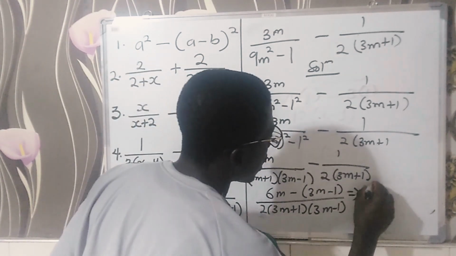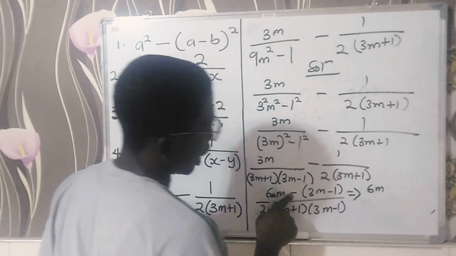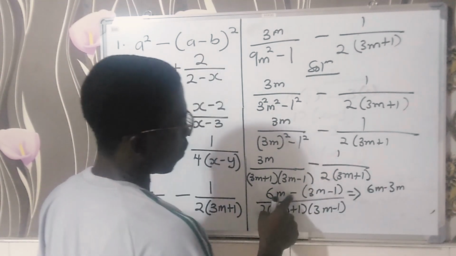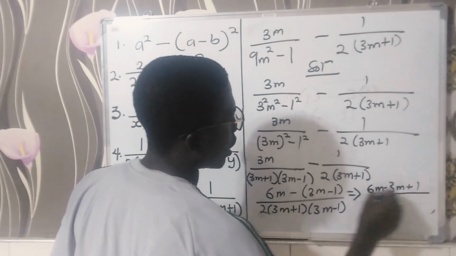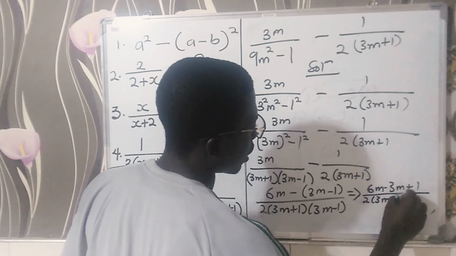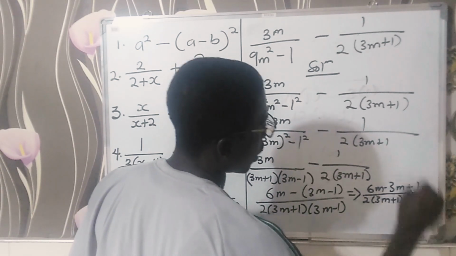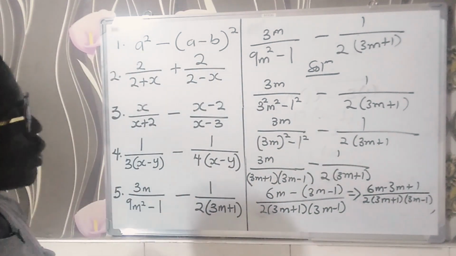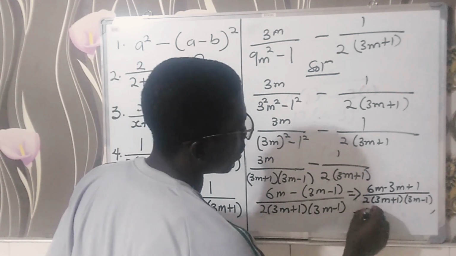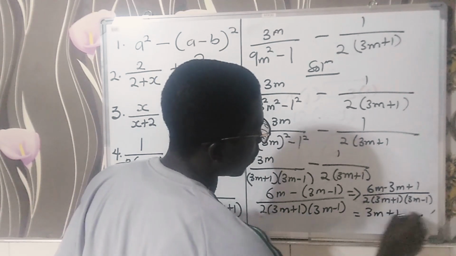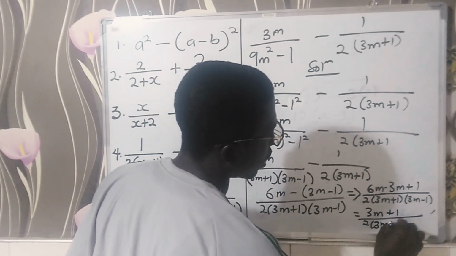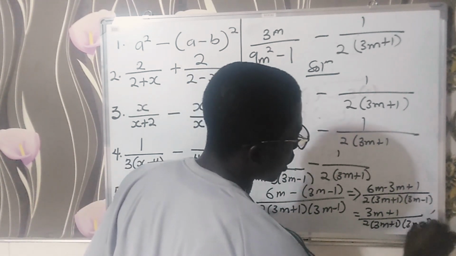It will be 6m, and 1 times this will be minus 3m, and then 1 times this will be plus 1, all over 2 into bracket 3m plus 1, 3m minus 1. Good. So we add or subtract the items: 6m minus 3m will be 3m, plus 1. Final answer, 3m plus 1 over 2 into 3m plus 1, 3m minus 1.